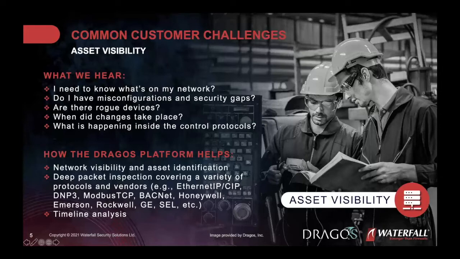These questions are backed up by statistics from several reports, specifically the Year in Review report that Dragos puts out every year, summarizing our threat intelligence as well as lessons learned from our service engagements. Last year, 81% of the organizations had limited or no visibility. So it really speaks to that point.